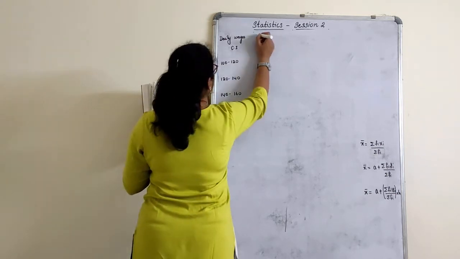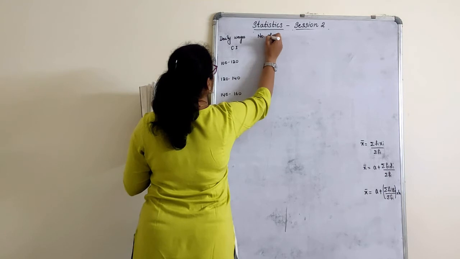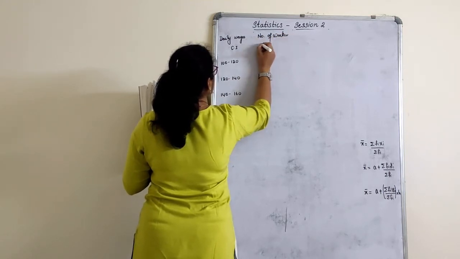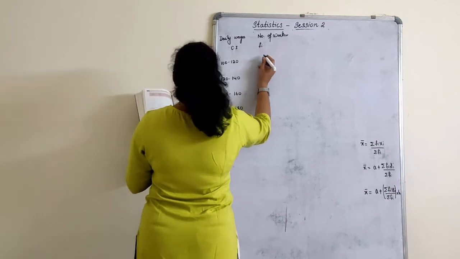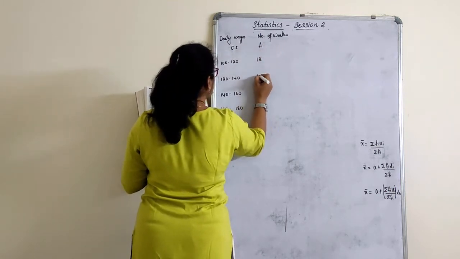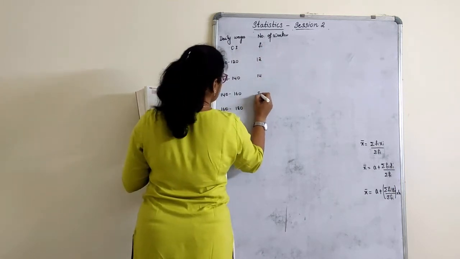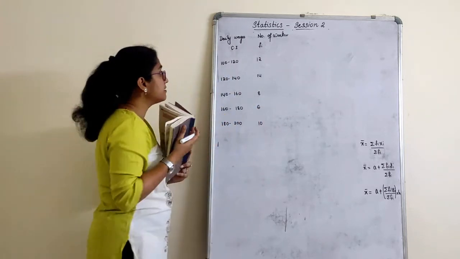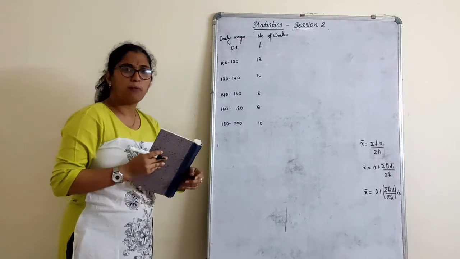Next you have number of workers. This is Fi: 12, 14, 8, 6, 10. Now see here, class mark is common for everything.